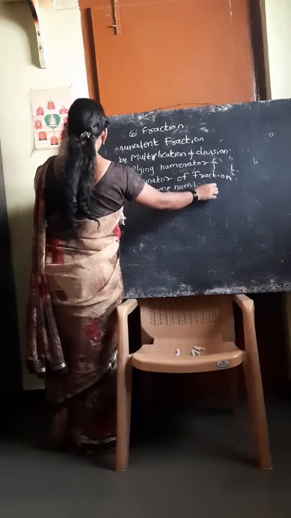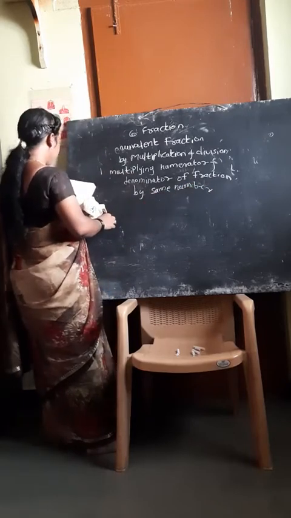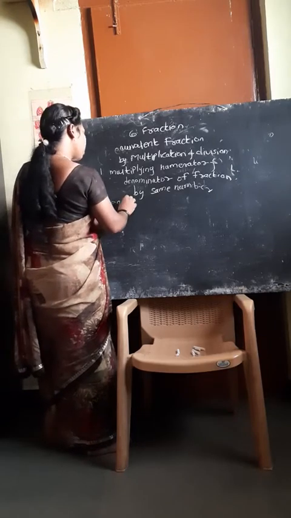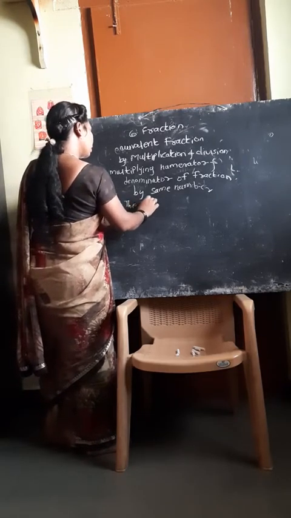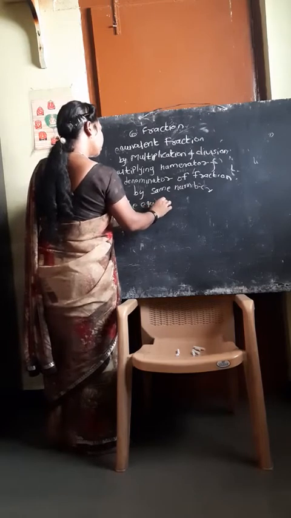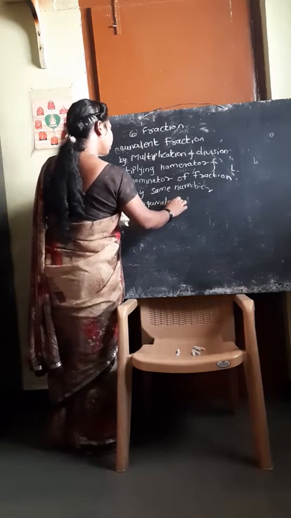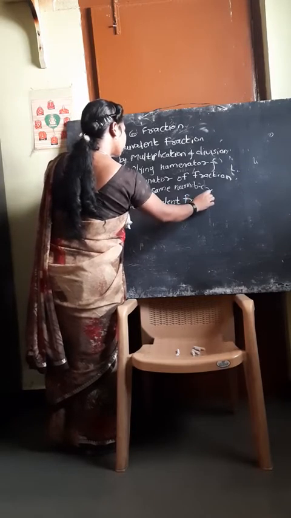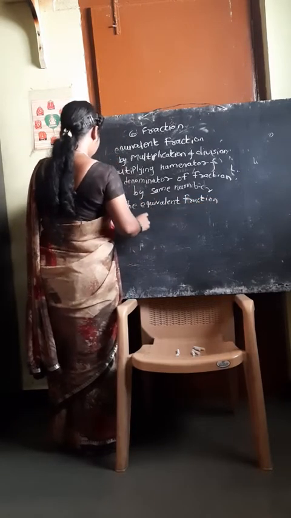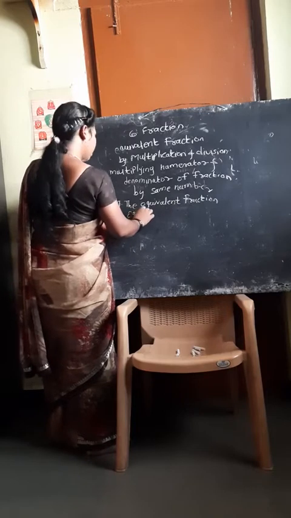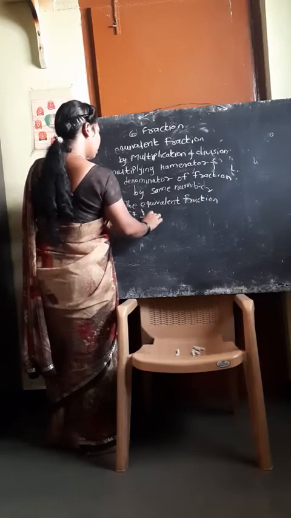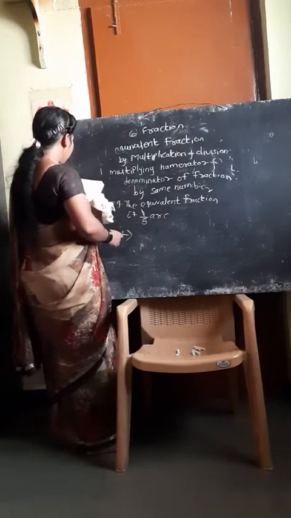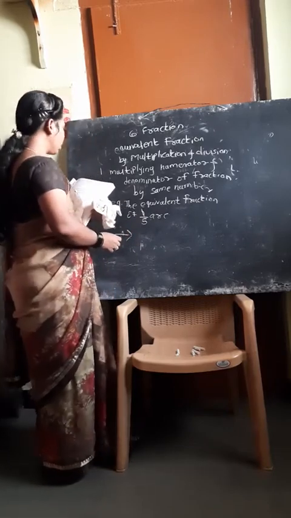For example, what are the equivalent fractions of 1 by 5? Solution: multiply the numerator and denominator by the same number.